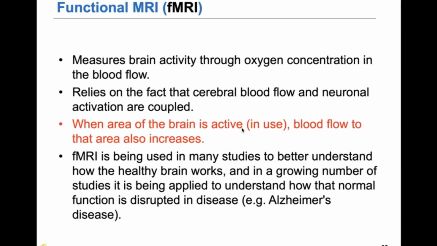We can use functional MRI to look at how the healthy brain functions, and use that as a reference to compare against the brain with certain diseases, like Alzheimer's, to see what kind of region shows certain degeneration of the functionality of the brain. This is a very common usage for functional MRI.